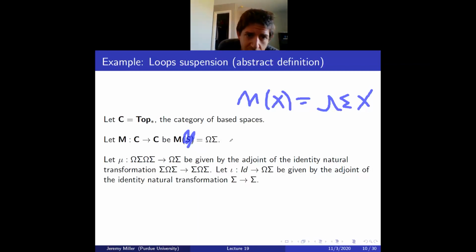Okay. So this multiplication map is a natural transformation from loop suspension composed with itself to loop suspension.